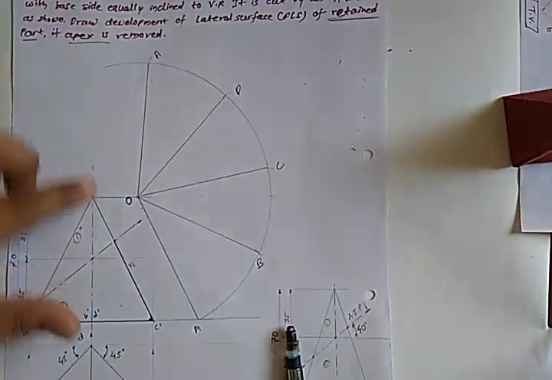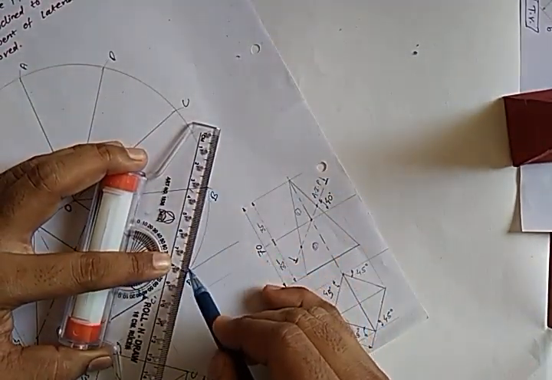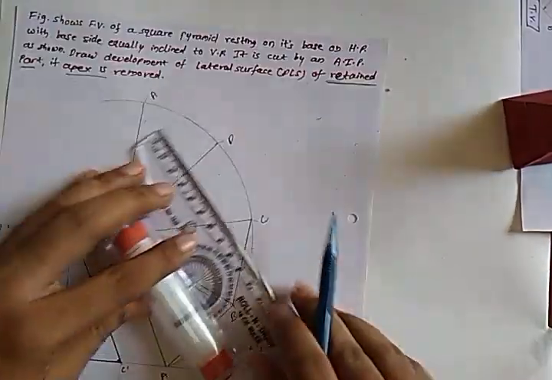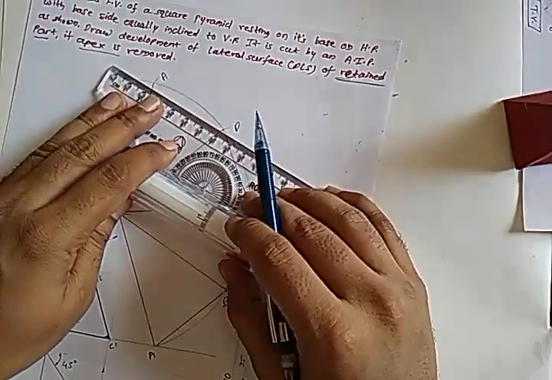So this is the total developed area for this square pyramid. Now join this A with B, B with C, C with D, and D with A.